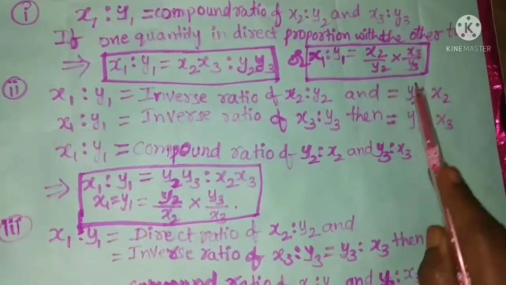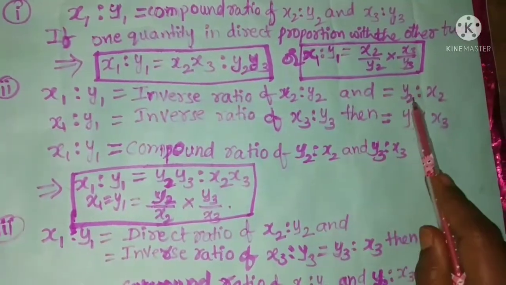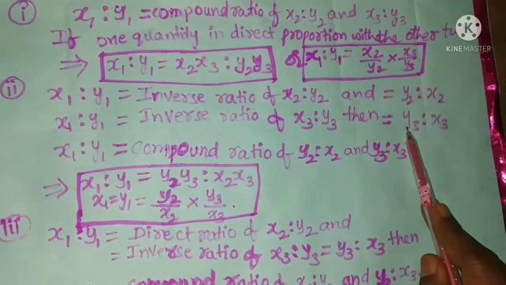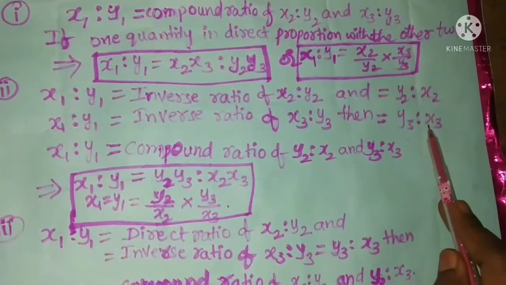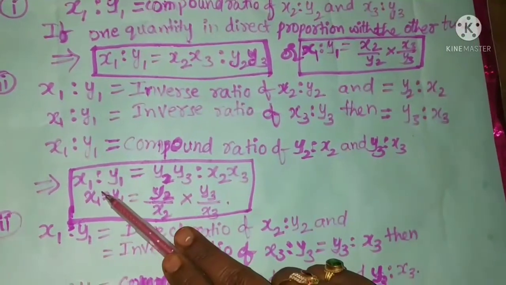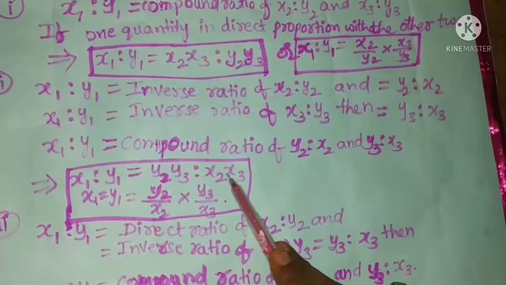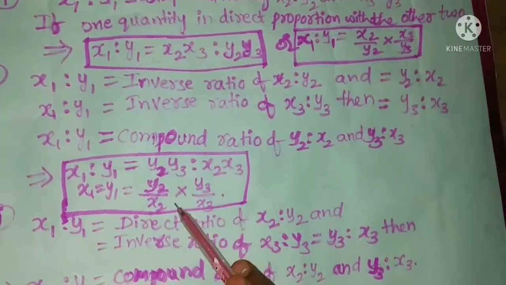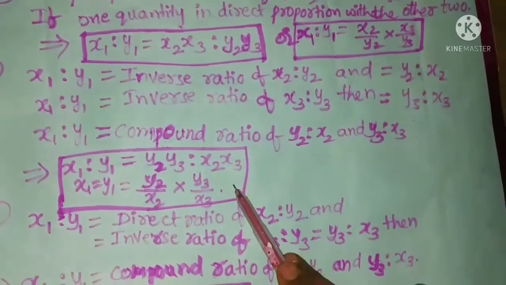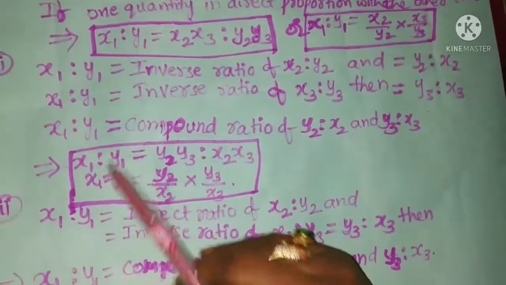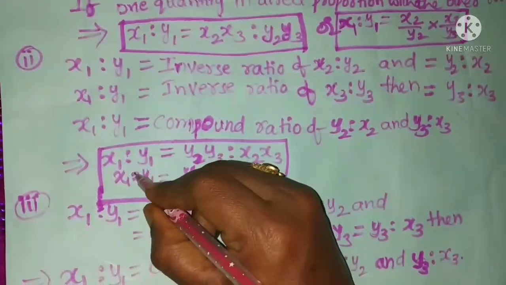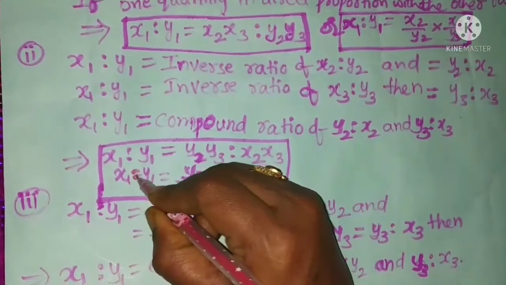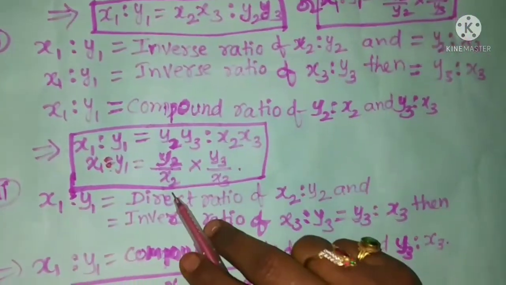Then the compound ratio is y2 into y3 is to x2 into x3. So x1 is to y1 is equal to y2 y3 is to x2 x3, also written as y2 by x2 into y3 by x3, because both are inverse here.